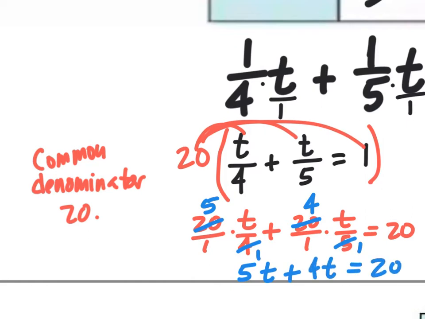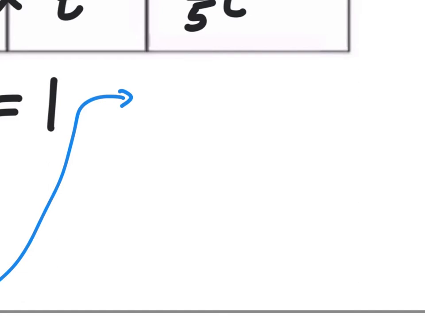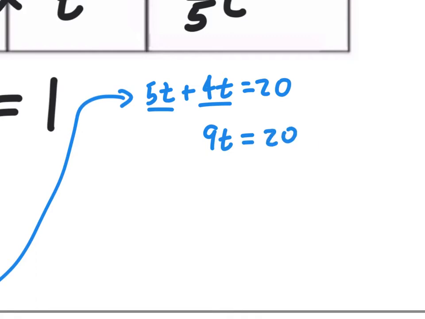All right, and so let me write this out up over here. 5t plus 4t equals 20. So 5t plus 4t gives me 9t, and that is equal to 20.